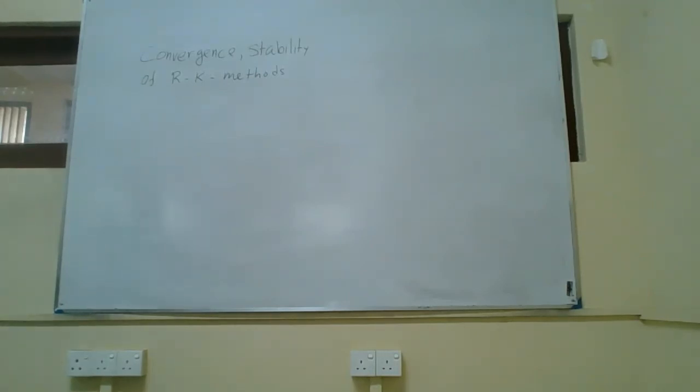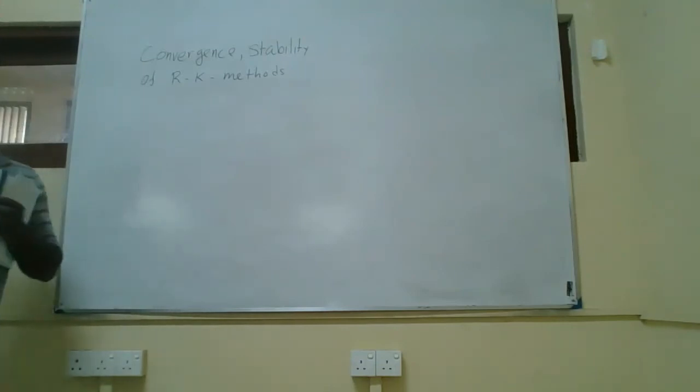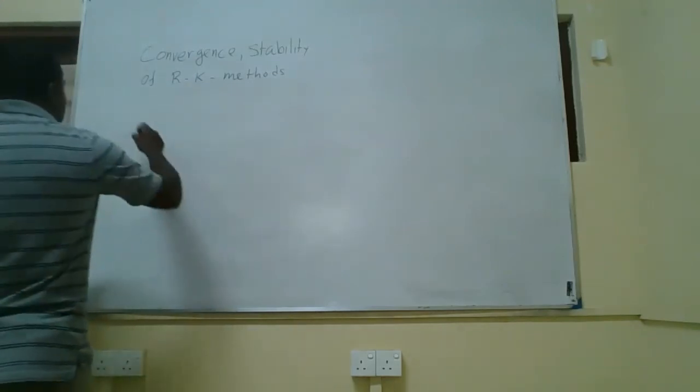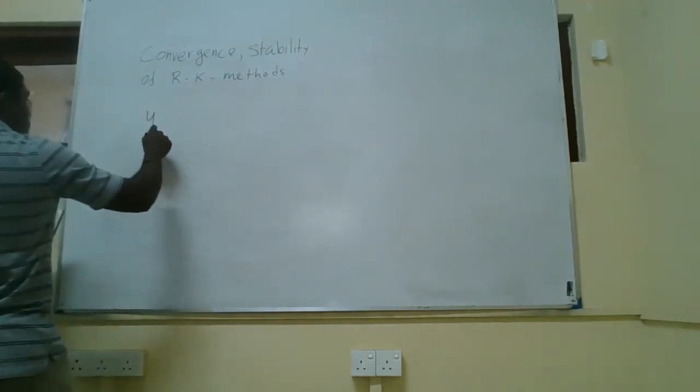Okay, so let us start from the beginning again. Recall how we started the numerical computation of the Runge-Kutta method, right? So we see that this is how we started.